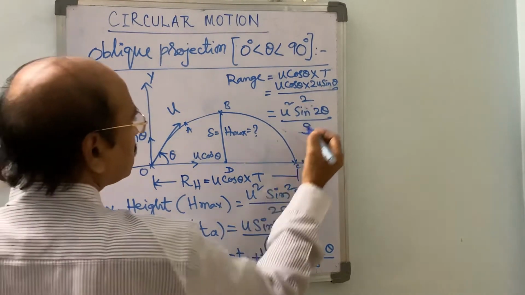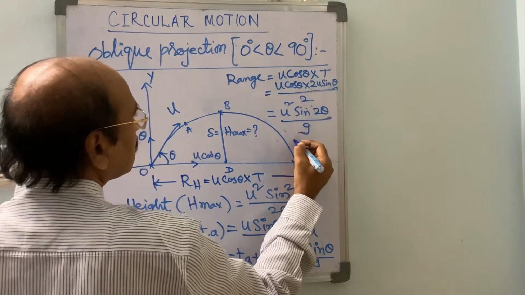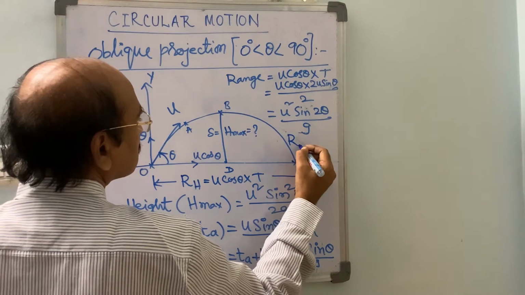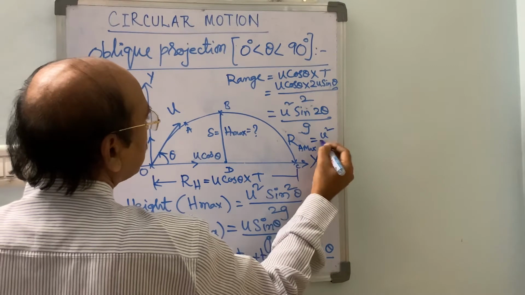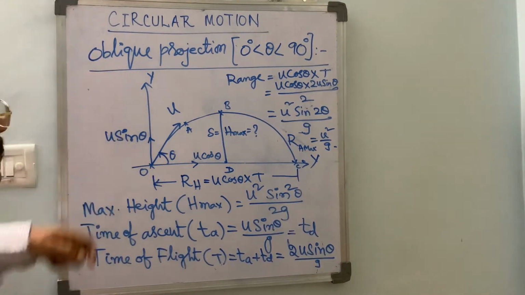And maximum range is when sin 90 is equal to 1, therefore theta equal to 45. Therefore maximum range, or H maximum value, is u square by g.